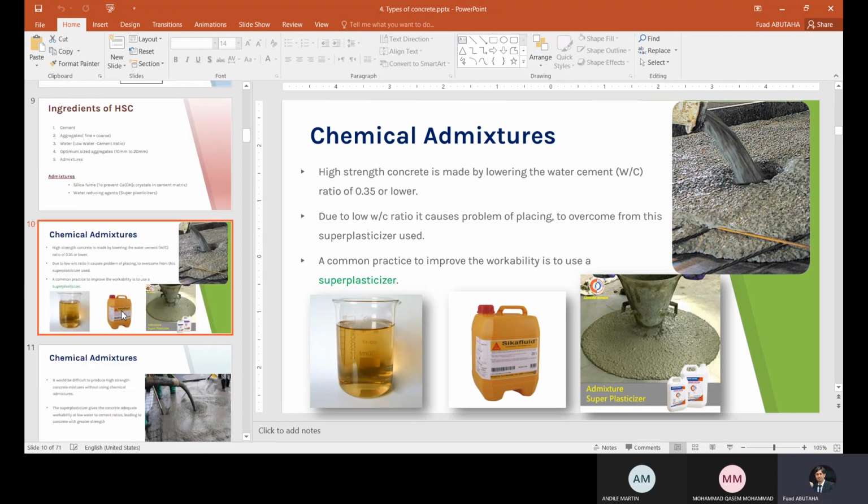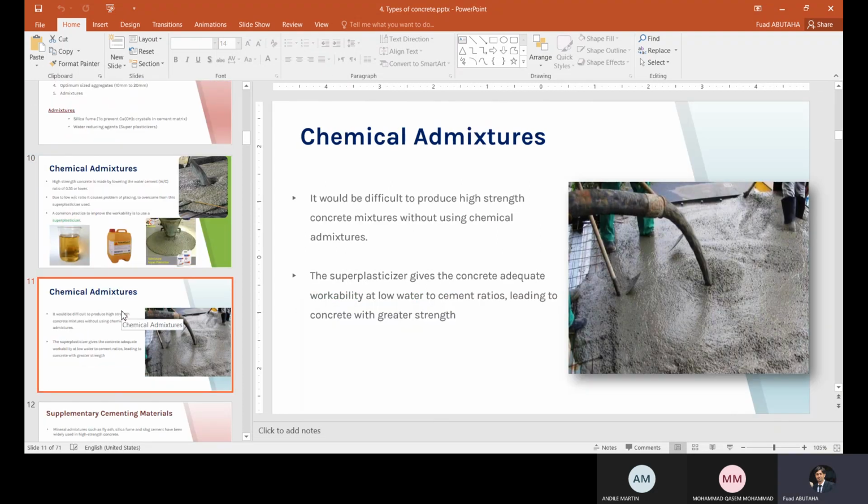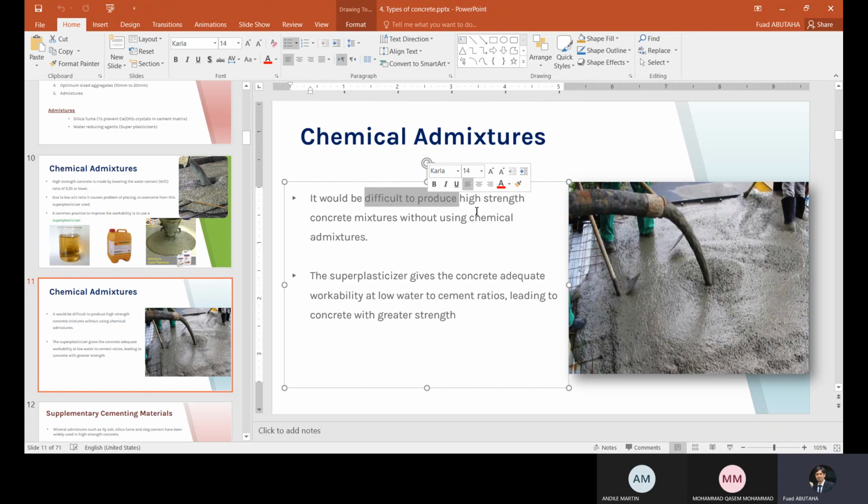But for improving the workability, super plasticizer is used. So it would be difficult to produce high strength concrete without using chemical admixtures, as I said. The super plasticizer gives the concrete adequate workability at low water to cement ratio, leading to concrete with a greater strength.